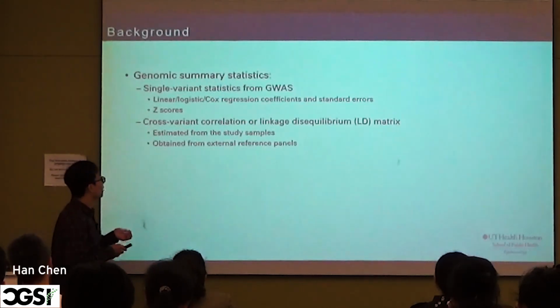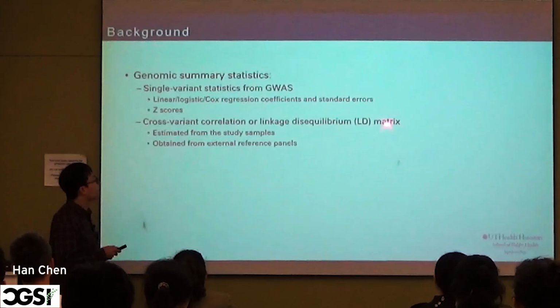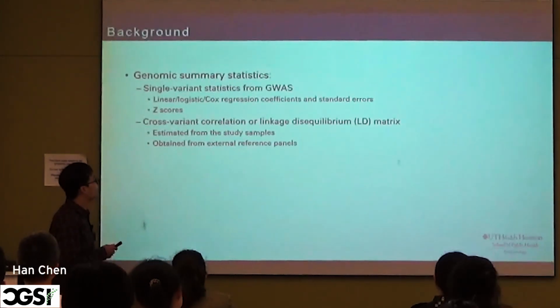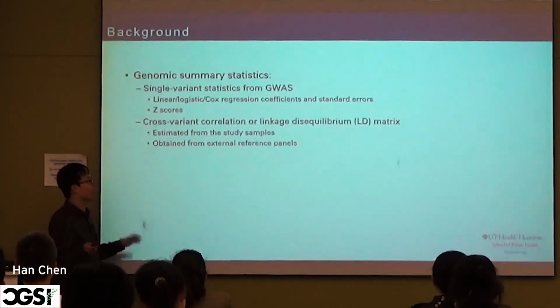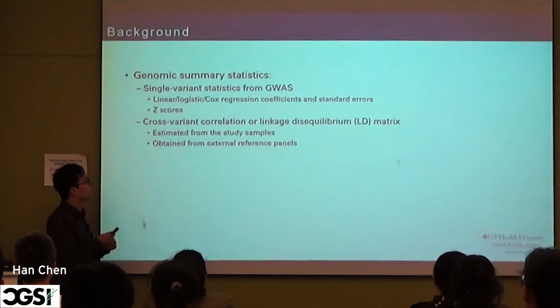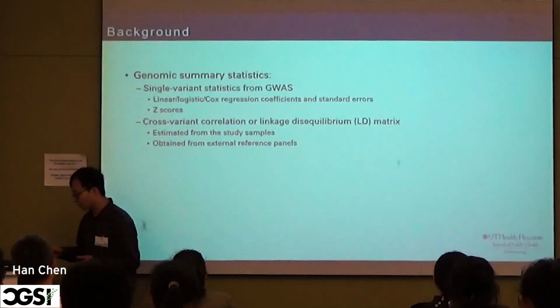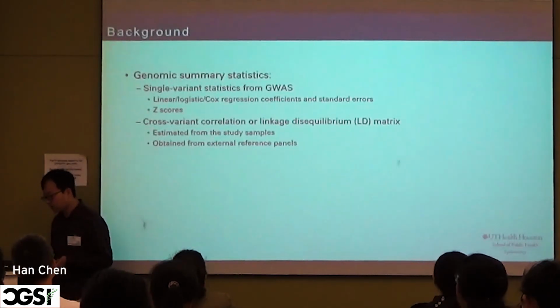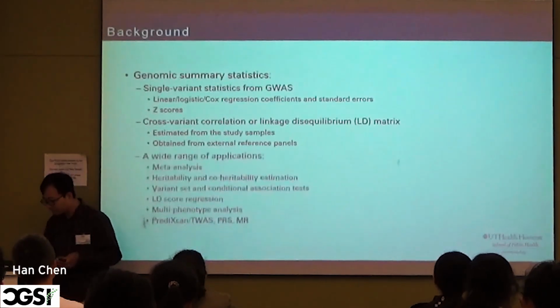For example, we can get this LD matrix from the study samples, which is basically straightforward. It is not so straightforward if you have very large samples, but a common practice is to use an LD reference panel from external data sources, and that approach has been very successful.